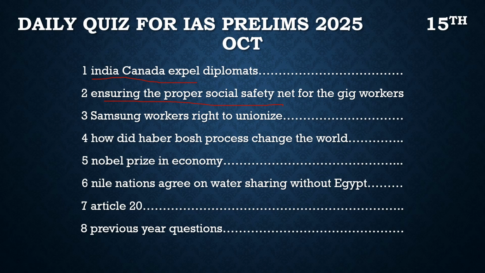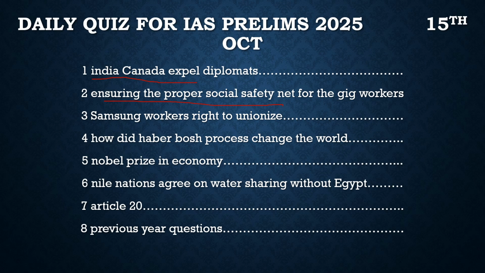In it, the union government is trying to force, in a way we can say, the aggregators or the employers to provide 1 to 2% of their revenue for a social security fund for these gig workers.